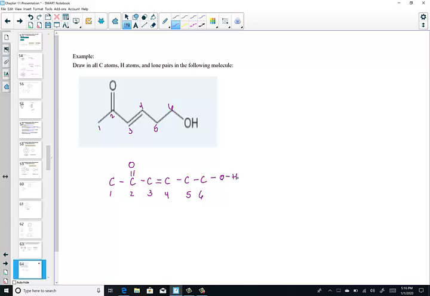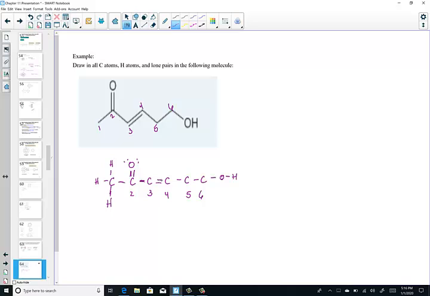Now let's take care of the hydrogens and the lone pairs of electrons. Carbon 1 requires 4 bonds, so I better fill in 3 hydrogens to satisfy its octet. Carbon 2 already has 4 bonds, 2 of them are leading up to the oxygen, and 2 are in the straight chain of the carbon backbone. Don't forget the oxygen's lone pair of electrons.